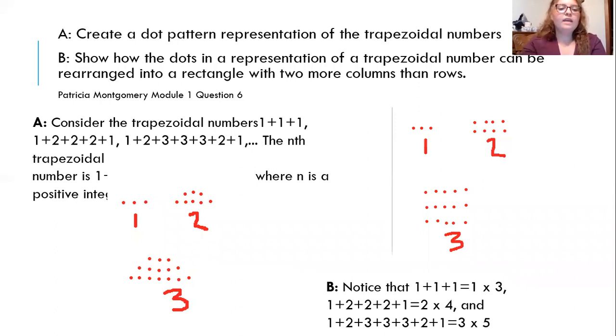So it gives us kind of what it needs to go by. So for the first one, it is 1 + 1 + 1. So I just put 3 dots in a row. And then for the second one, it says 1, and then it says 2, 2, 2, 1, which with the way that I drew them out, it kind of makes a trapezoid.